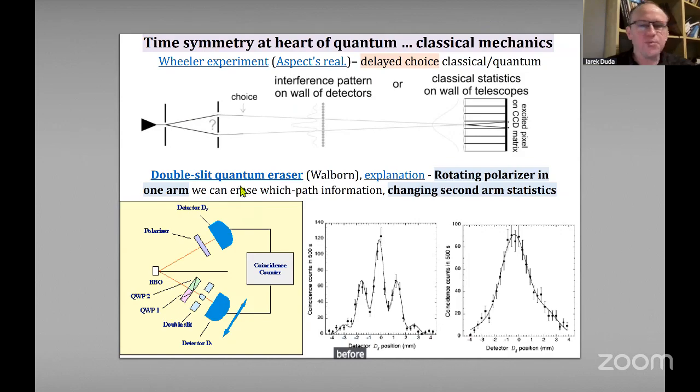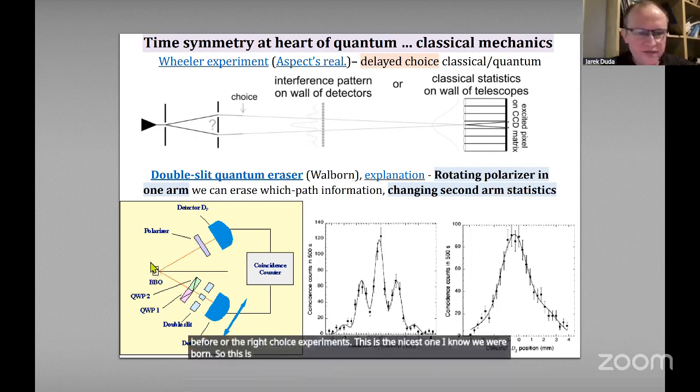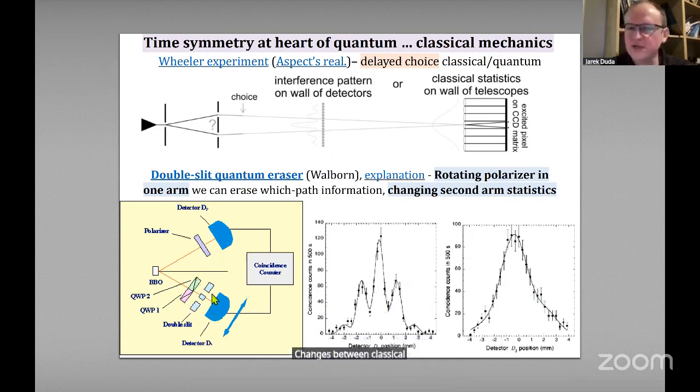Or the delayed-choice experiments. This is the nicest one I know, by Wellborn. We have two entangled photons, and they rotate a polarizer here, and the rotation of the polarizer here changes between classical and quantum statistics on the second arm.